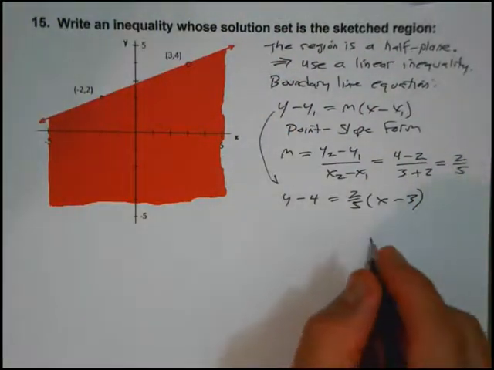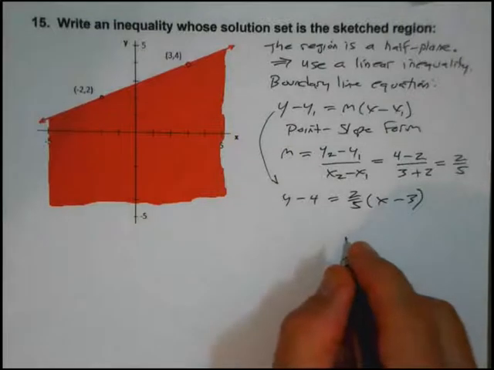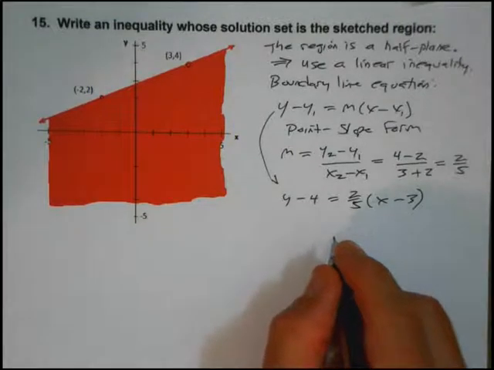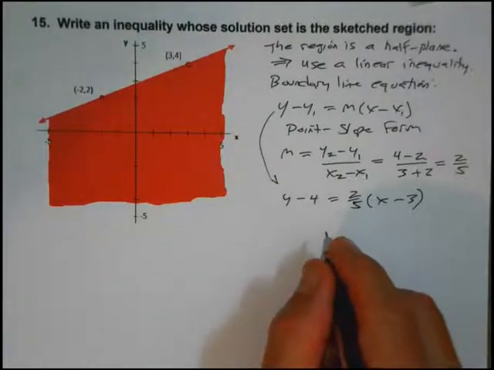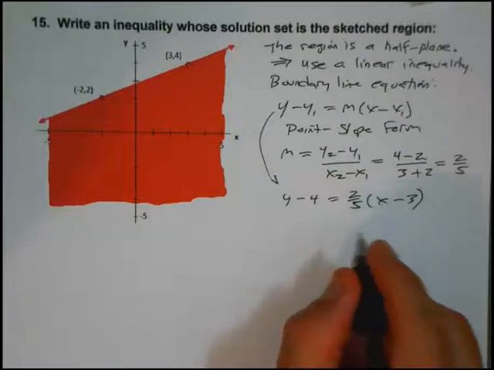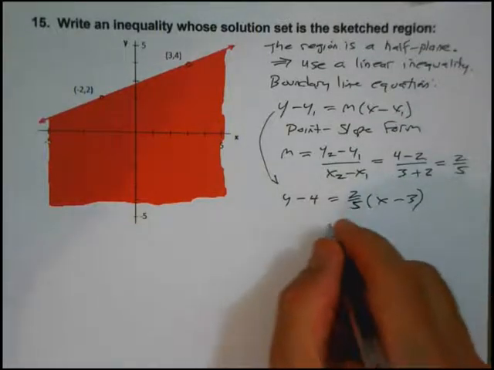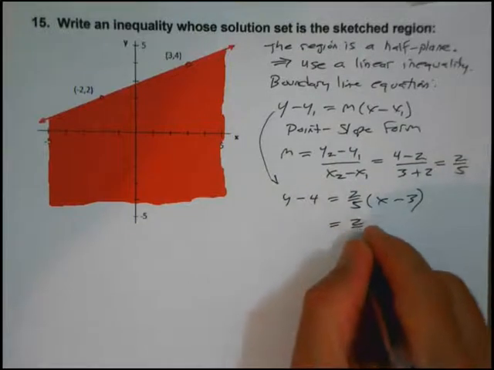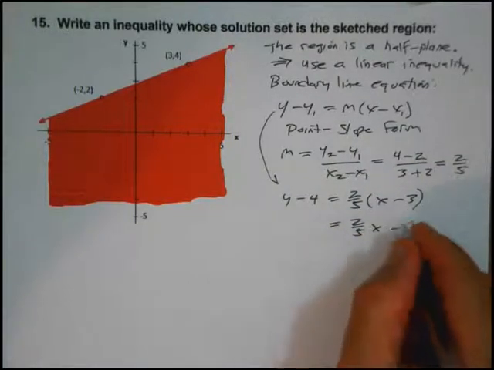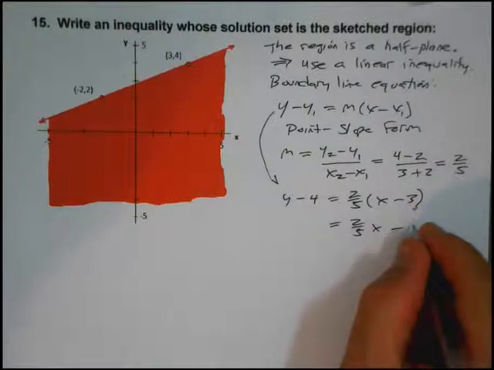Alright, so we have this boundary line. Now, maybe we would like to just have an isolated y, so then we can think in terms of above or below the line as far as our inequality goes. So we could take this a little bit further. This equals 2/5 x minus, this looks like 6/5 then.